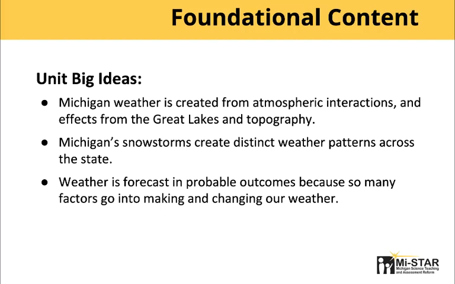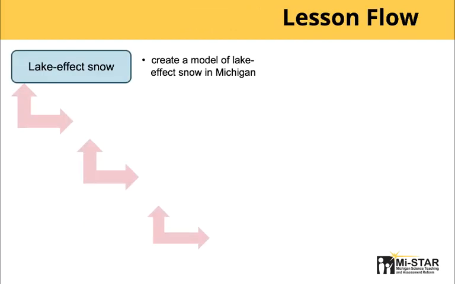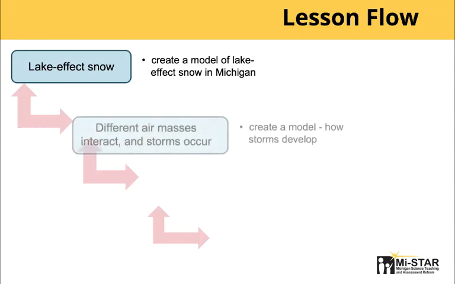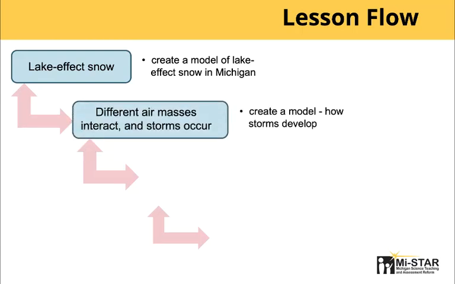Students' investigation into weather starts with discovering that large bodies of water can produce snowfall in the winter when prevailing winds blow a cold air mass over a warmer lake towards the land. Next, students learn that when different air masses interact, storms can occur along the interaction boundary.